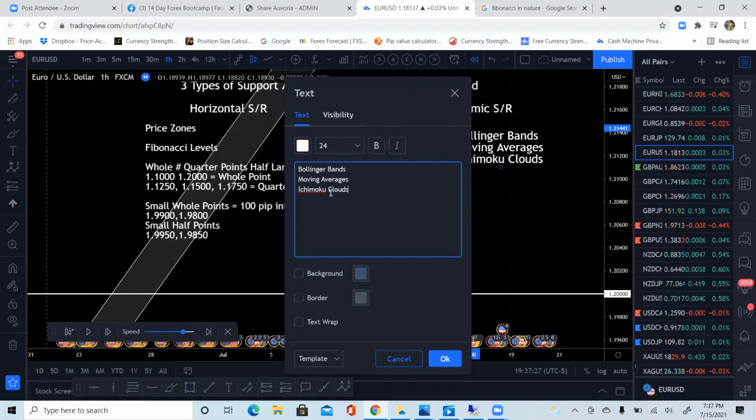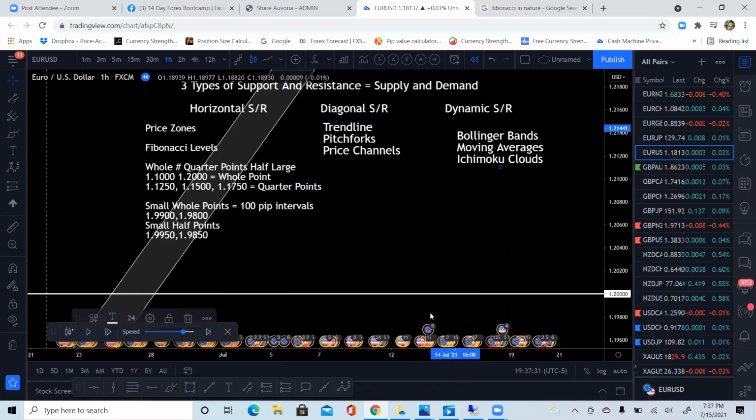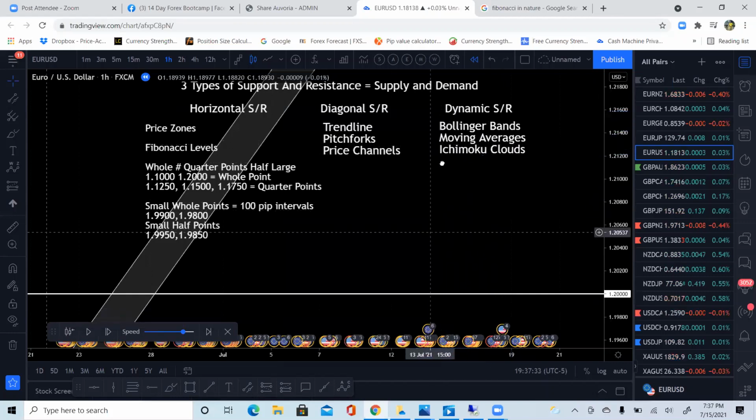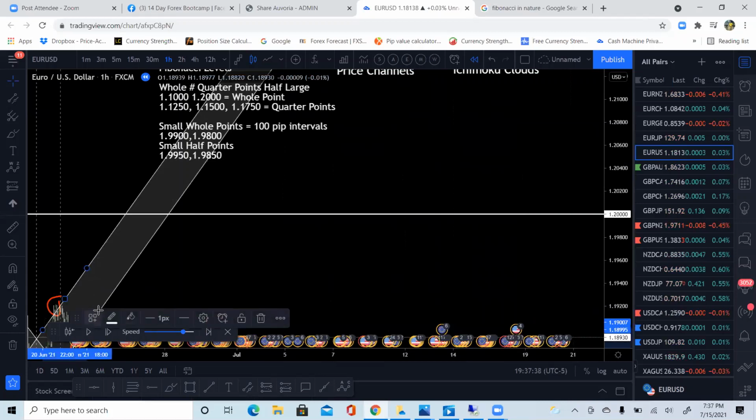Those are your three most common dynamic support resistance. So if we start off with Bollinger Bands, let me get rid of this.